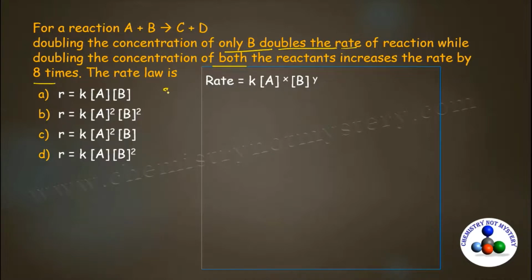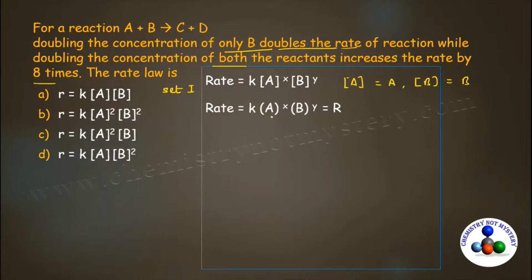For first set, if we take concentration of A is equal to A and concentration of B is equal to B. So you will get rate will be equal to K multiplied by A raised to the power x, B raised to the power y is equal to R. For set 2, on doubling the concentration of B, means here we are going to take the concentration of B is equal to 2B and we keep the concentration of A remain A. So you will get rate 1 will be equal to K A raised to the power x multiplied by 2B raised to the power y is equal to 2R.